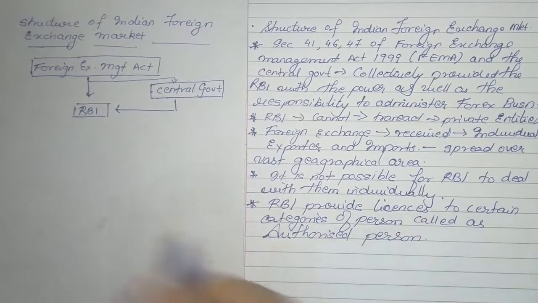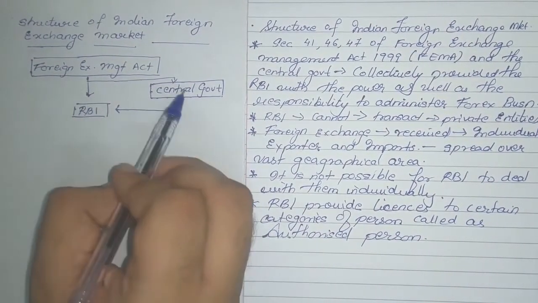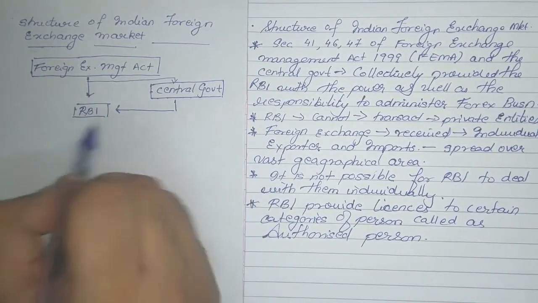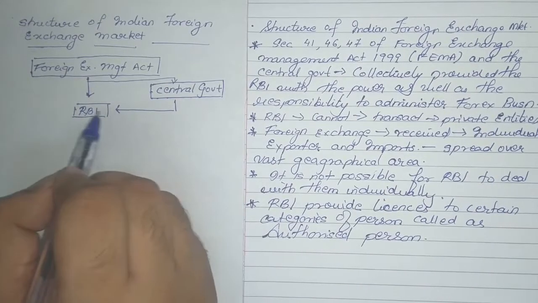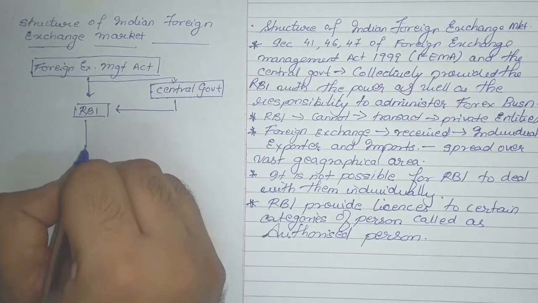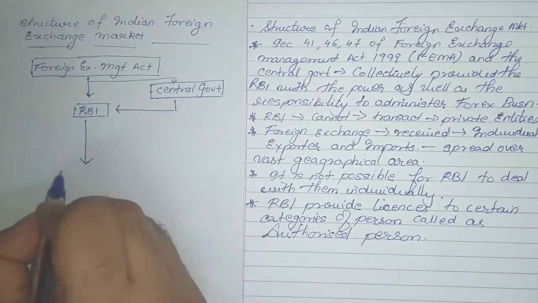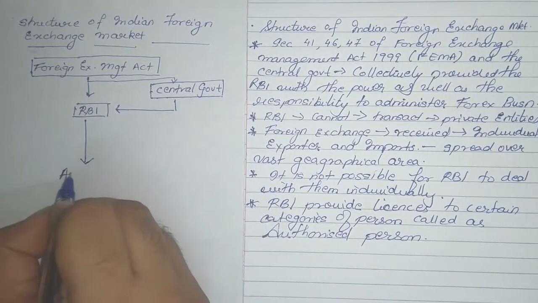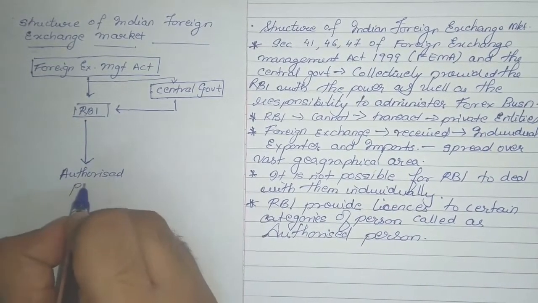So this we can show in graphic form. FEMA along with the central government gave the RBI the power. The RBI could not individually meet the individual people and entities. So it gave licenses to some categories of persons known as the authorized person.